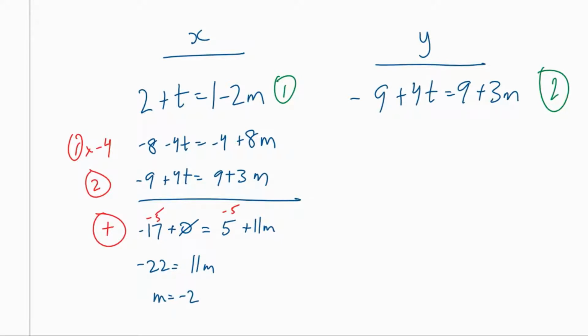Okay? And that means, here's my interpretation, therefore, the lines cross when m equals -2. Okay?